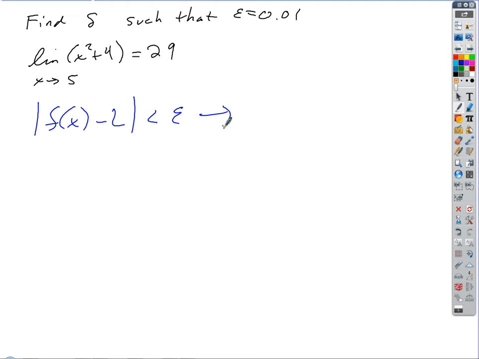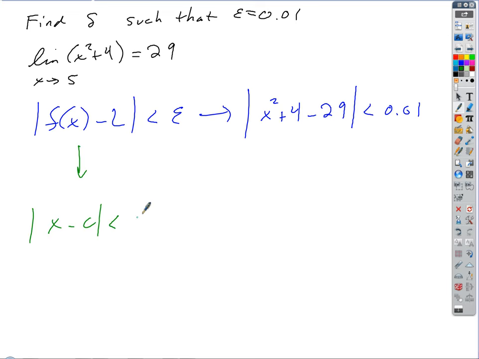So if we plug in the specifics, the absolute value of x squared plus 4 minus 29 is less than 0.01, right? Agreed? Our goal is we want to make this look like the expression absolute value of x minus c is less than delta, right? So we got to work down to that point.